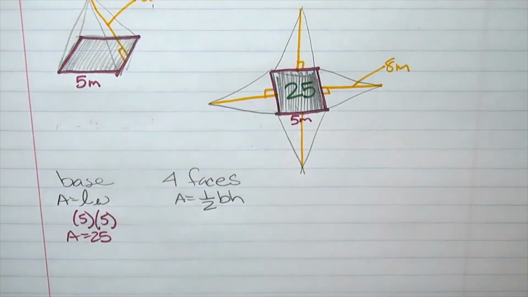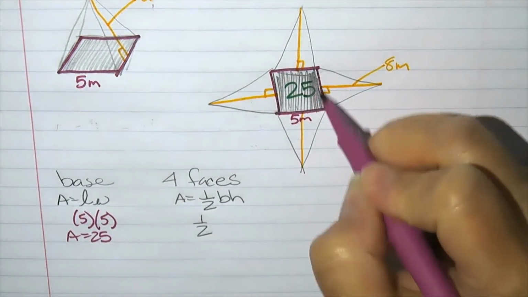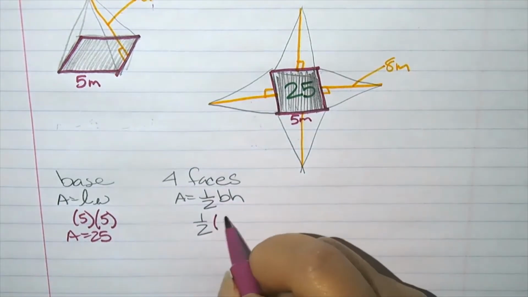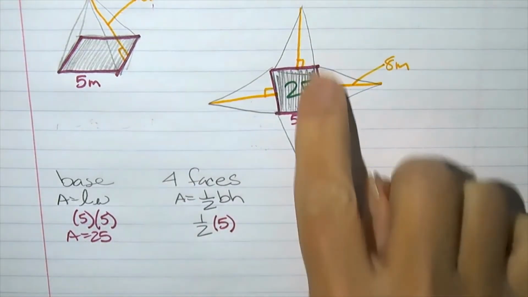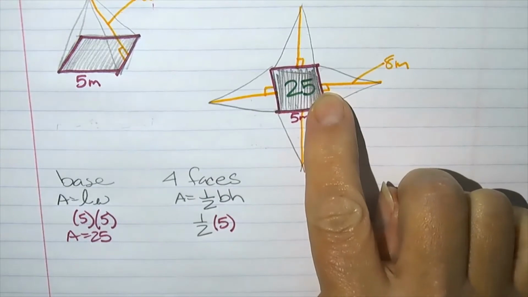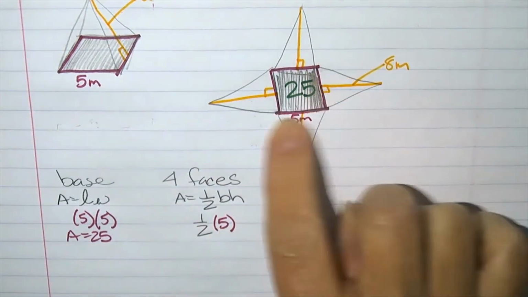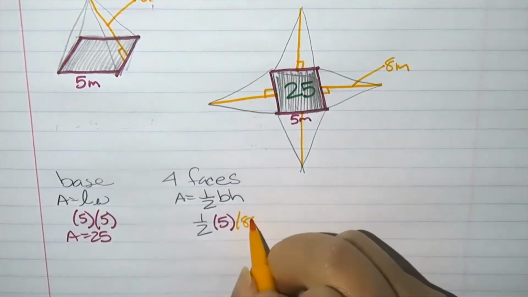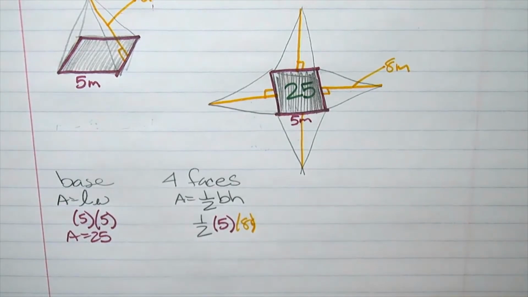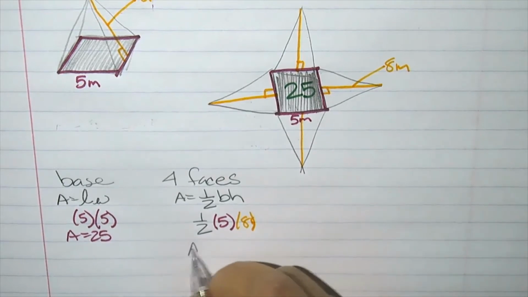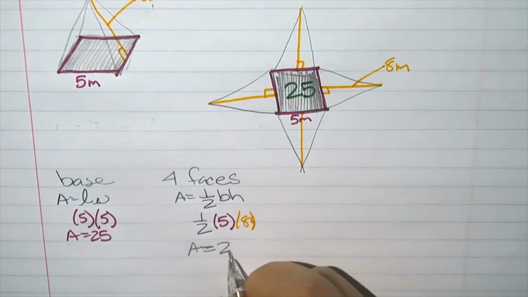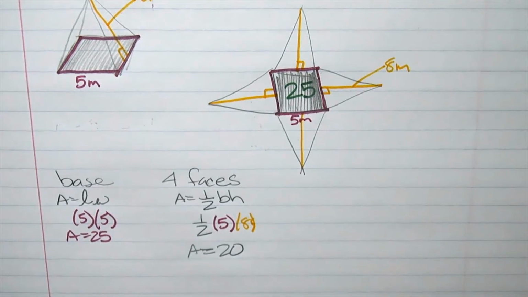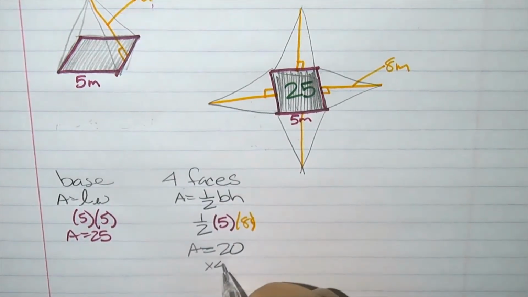This is my base, 5. Because remember, the base and the height meet at a 90-degree angle. So my base is 5, and my height is 8. So 5 times 8 is 40, and 1/2 of 40 is 20.